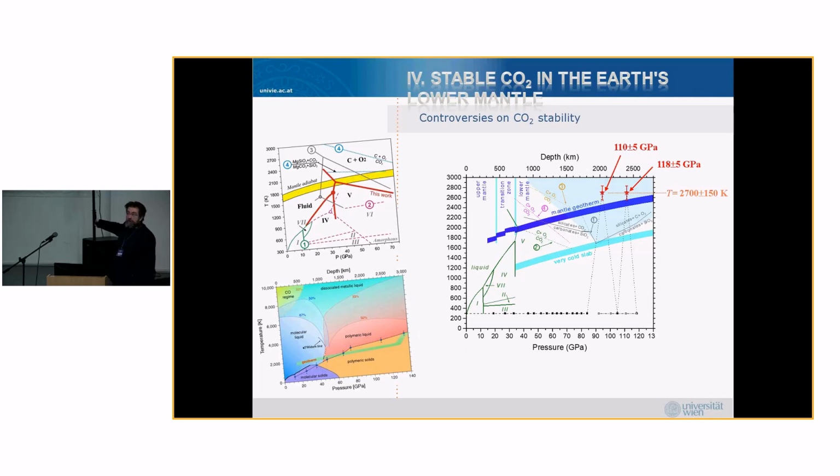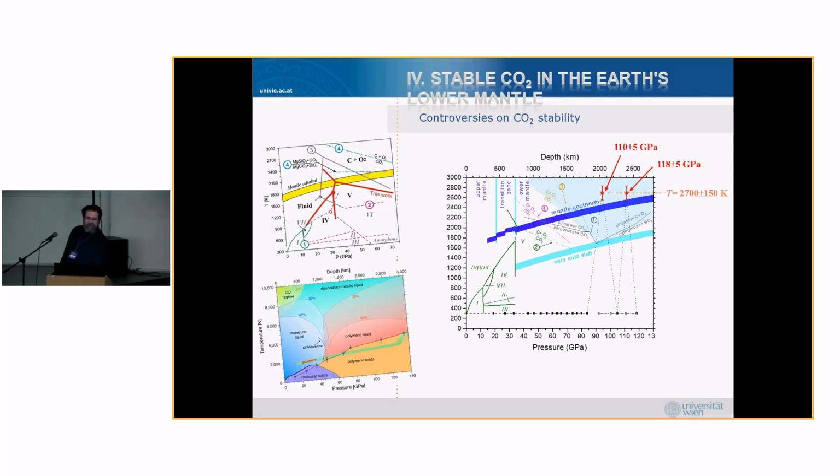It's only breaking down in the experimental setup if you use the rhenium and do not take care to protect it from the reaction with your hot CO2. If you do, like our data points, you still have free CO2 here. And it's perfectly stable, which has been reported by the people who have done computational simulations, because they said it should be stable. And only the experimentalists said, no, it's not stable. But now we know it is stable.